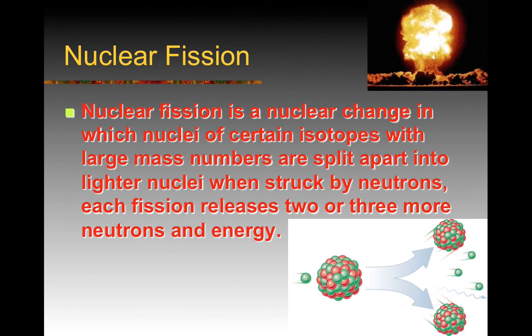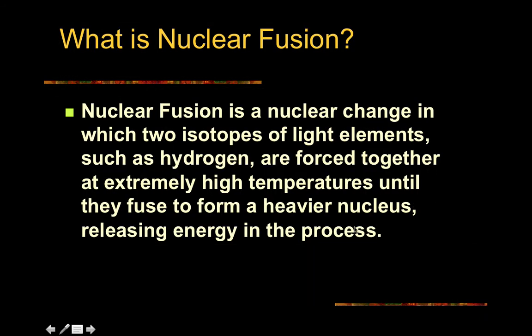Fission, real quickly, is where you split the atoms. You're going to split it. Notice one big particle splitting into 2 smaller particles. And fusion is where you take 2 small particles and fuse them into a bigger one. And let me go back.